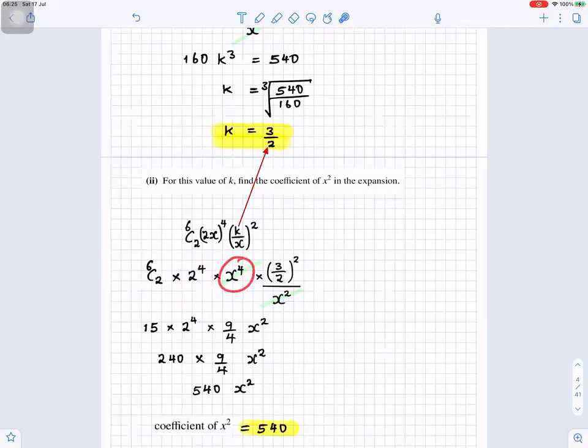X to the 4 divided by x squared will give you x squared, since x to the 4 minus 2 is x squared. That will give you the coefficient of x squared, the number in front of x squared. So 15 times 2 to the 4 times 9/4 gives you 540. So the coefficient of x squared is 540.